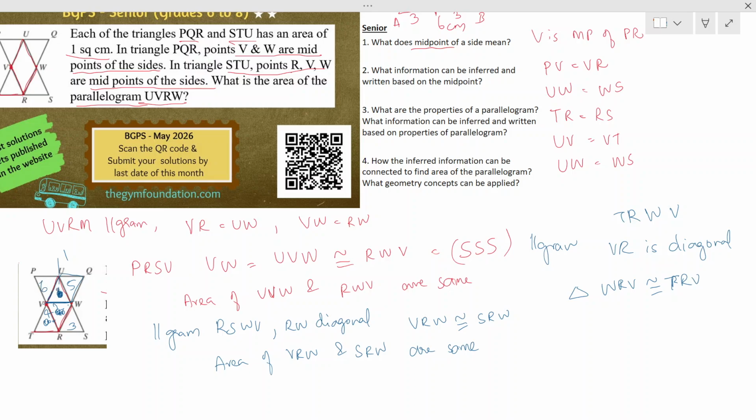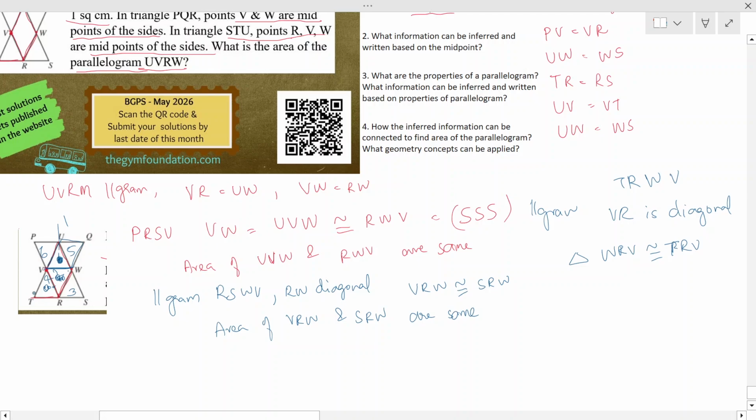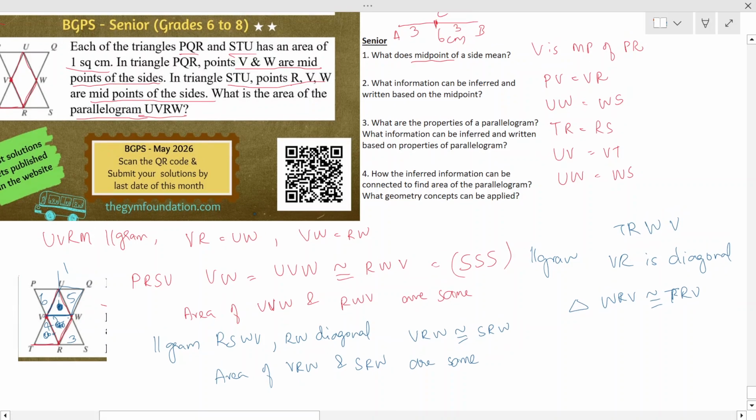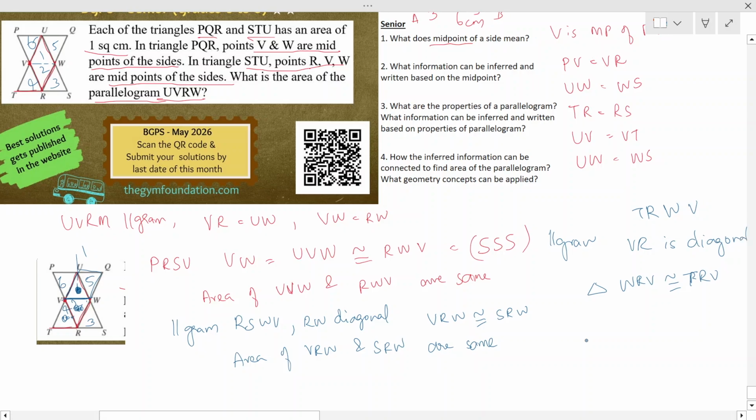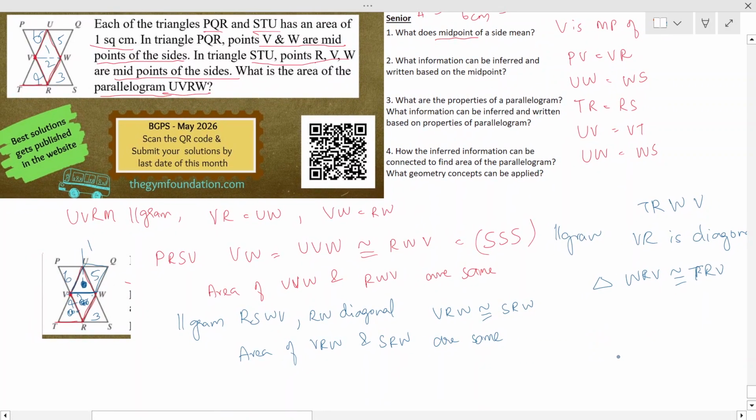So these two areas are the same. What this essentially concludes is that all six equilateral triangles you can see here, triangles 1, 2, 3, 4, 5 and 6, are all congruent and have equal area, right?